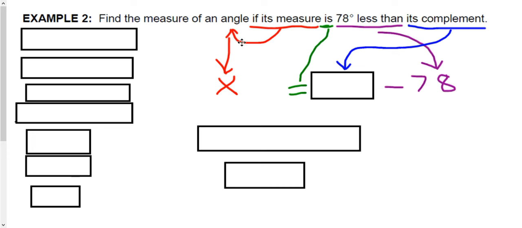All right, so we saw just a minute ago, in terms of x, its complement would be 90 minus x. That's what we were talking about on that last page. When we see its complement, we're going to take 90 minus whatever that angle is we're looking for. That would be its complement. So now we have the equation right there.